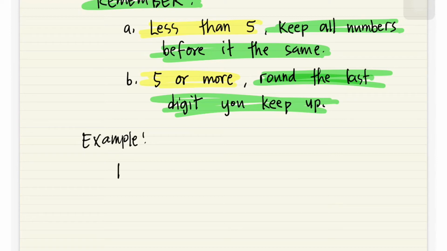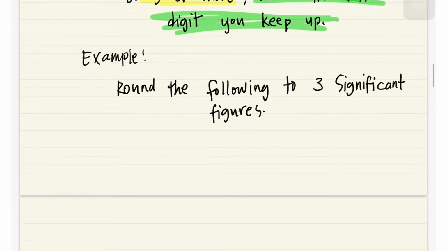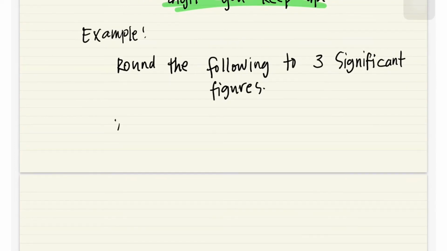Okay, example. All right, round the following to 3 significant figures. Number 1, 1.5587. 3 significant figures, so you are going to count as 1, 2, 3.